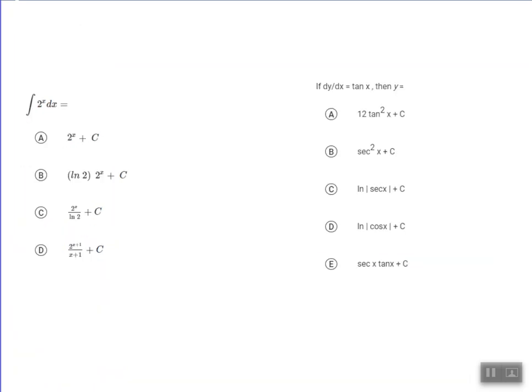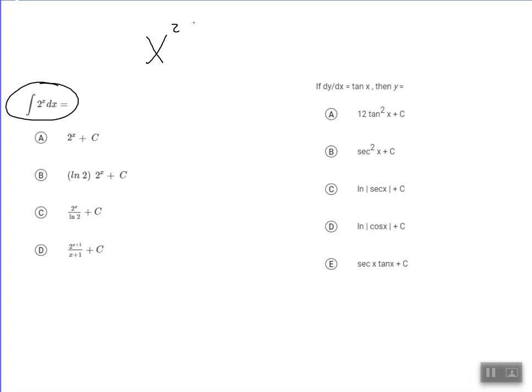These are a couple of AP type problems that are just practicing that memorization. This problem throws off a lot of people because I think we're used to having x to the second, and we know that reverse power rule, and that's really easy. But this is 2 to the x.